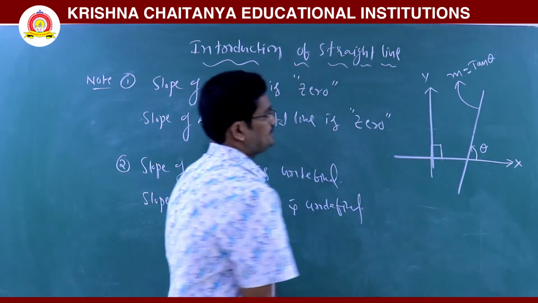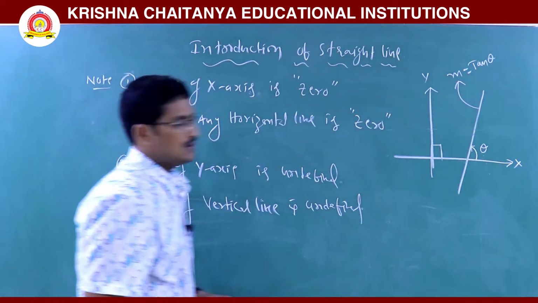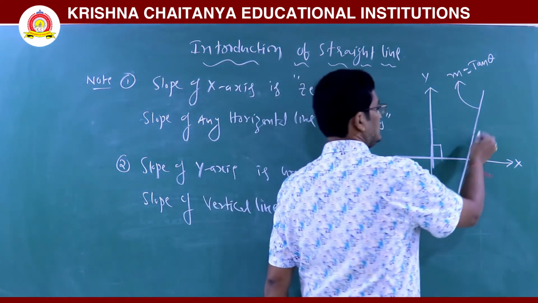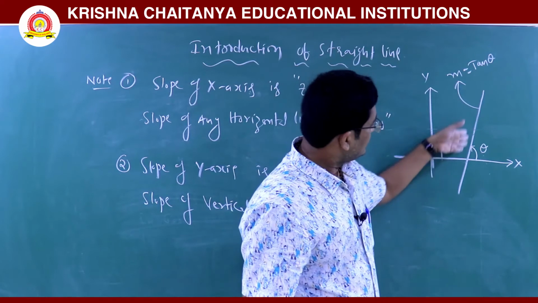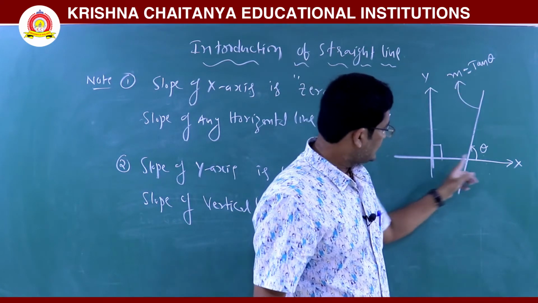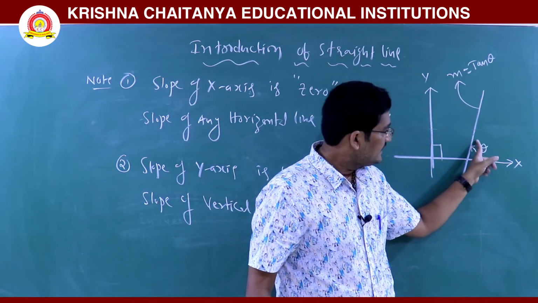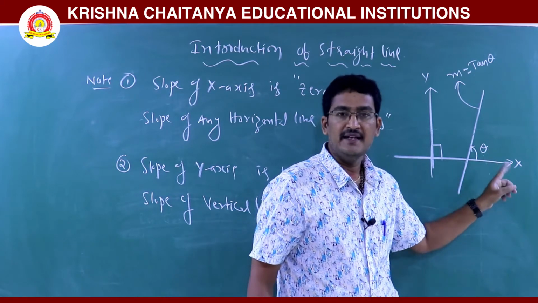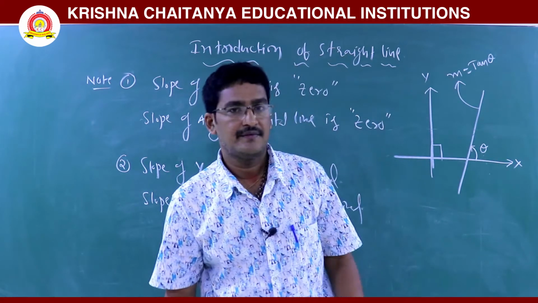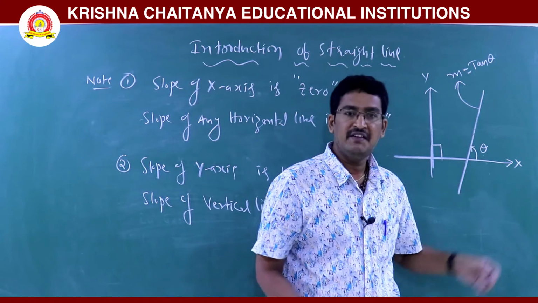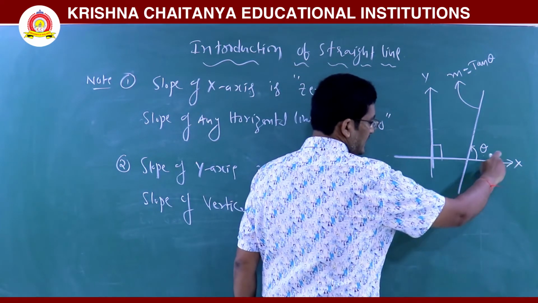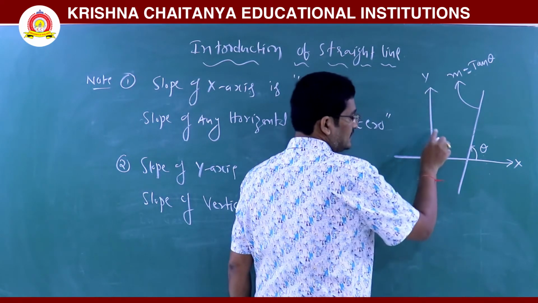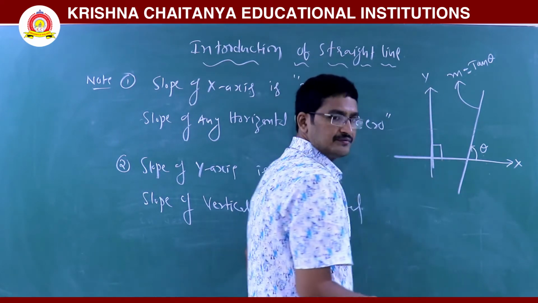See the board. So it is theta. Clearly this line in this figure makes an angle theta with x-axis. It is clear this theta is acute. That means that theta lies between 0 to 90 because this is the line, this is the perpendicular line. The angle between these two is 90.